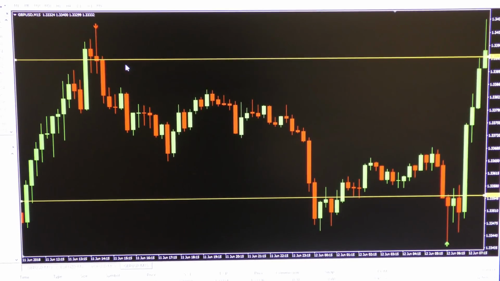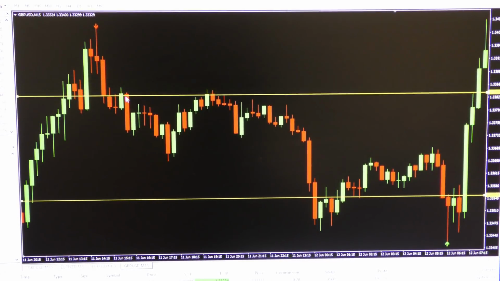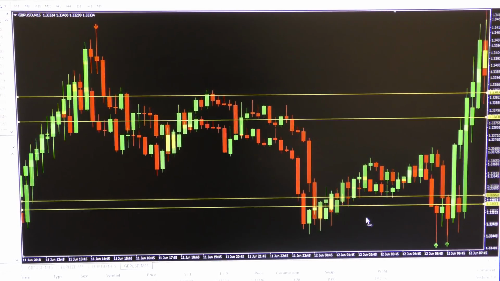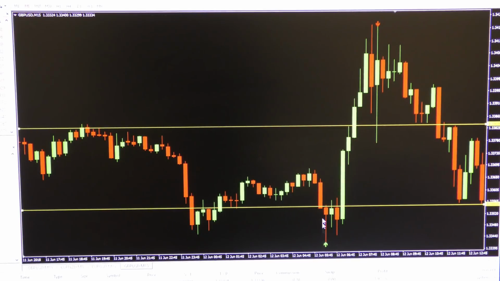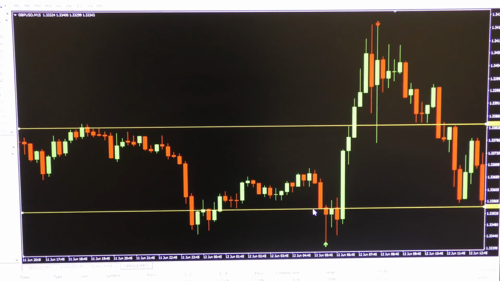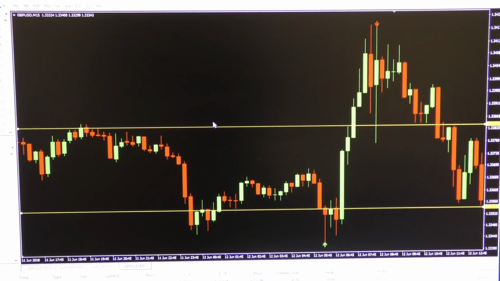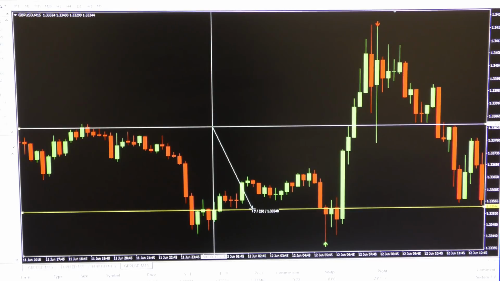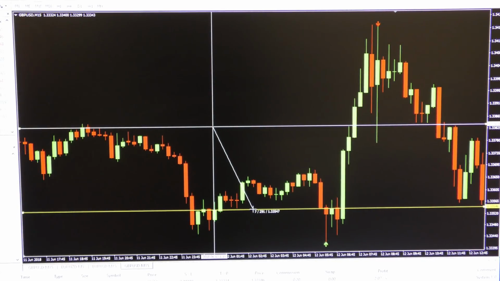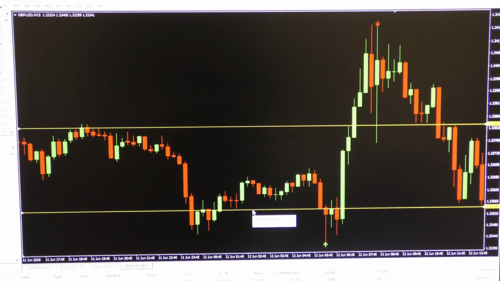So now we sell here and then wait for our exit signal. Exit is this arrow here, this candle, the green candle. This is our exit. So we make a profit of about 29 pips, plus 29 is equal to 156.